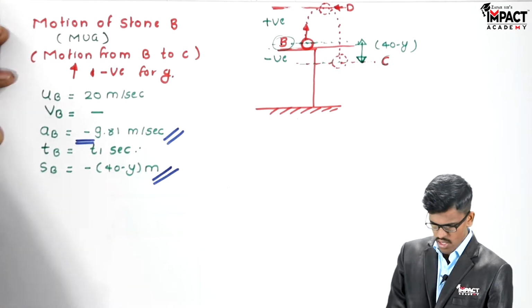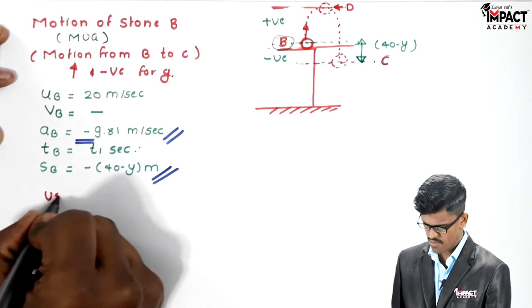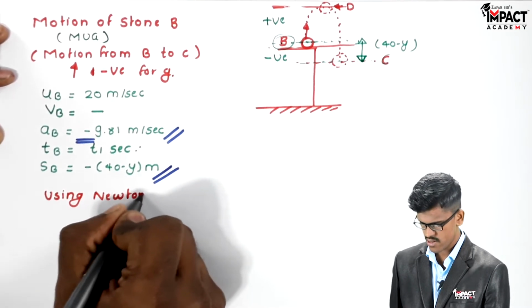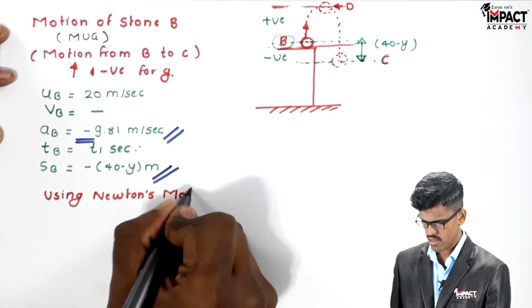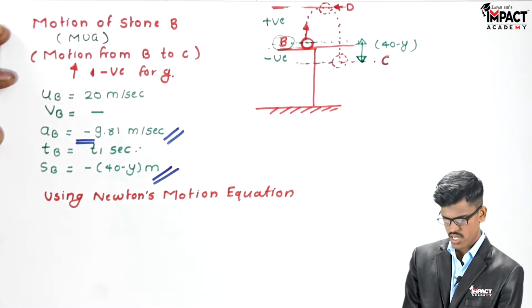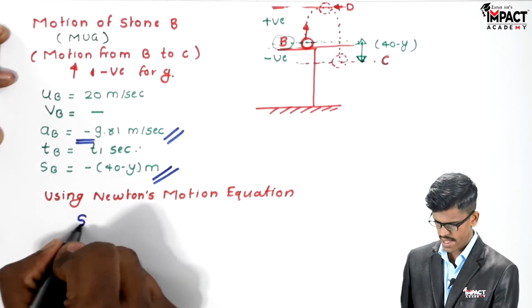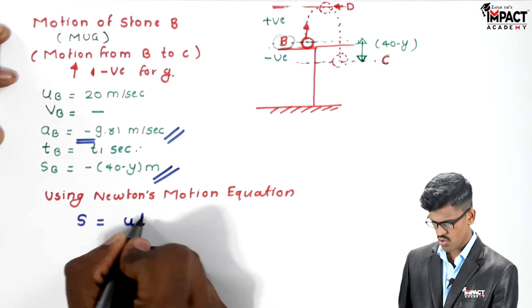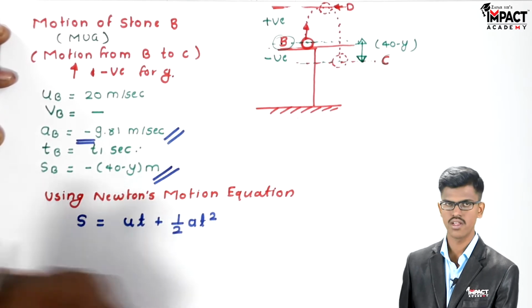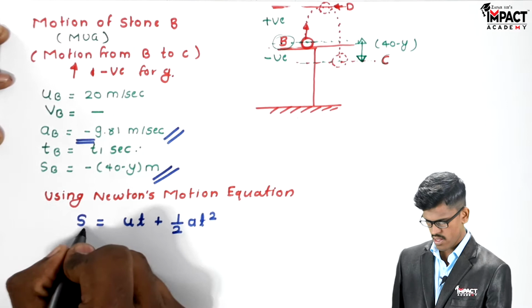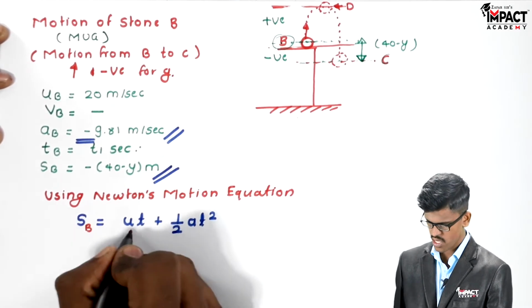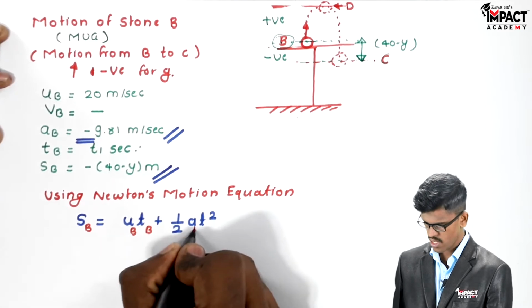So next, using Newton's motion equation, S is equal to ut plus half at square. Here it is for stone B, so SB, UB, TB, AB.